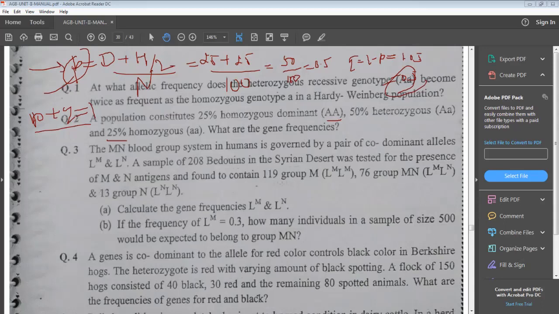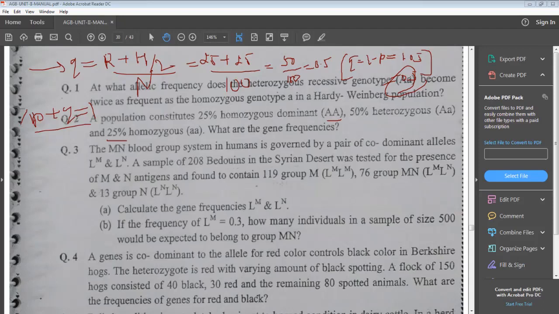Okay, you can calculate the value of Q from the Hardy-Weinberg law, or you can calculate it by changing the value here to R. Now it is Q. Q is equal to R plus H by 2 divided by N. R is 25, H by 2 is 50 by 2, that is 25, and the N value is 100, that will give you 0.5.